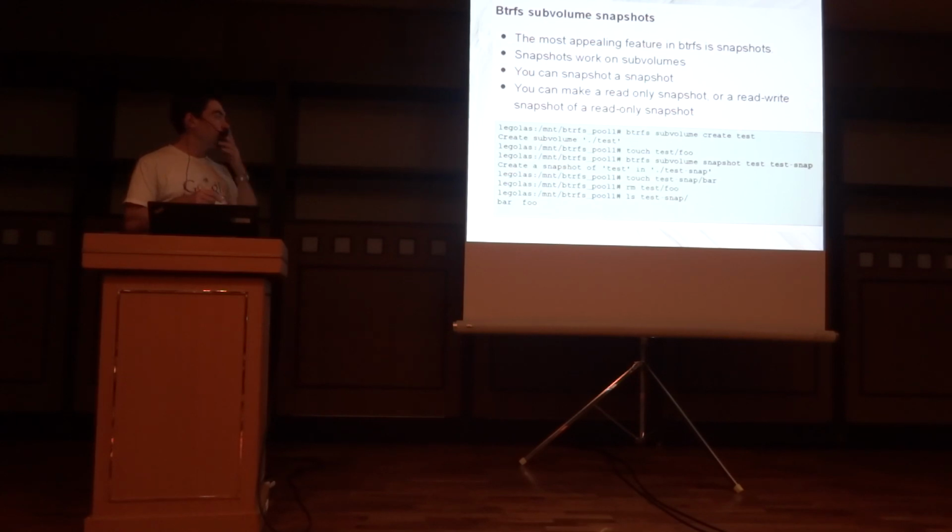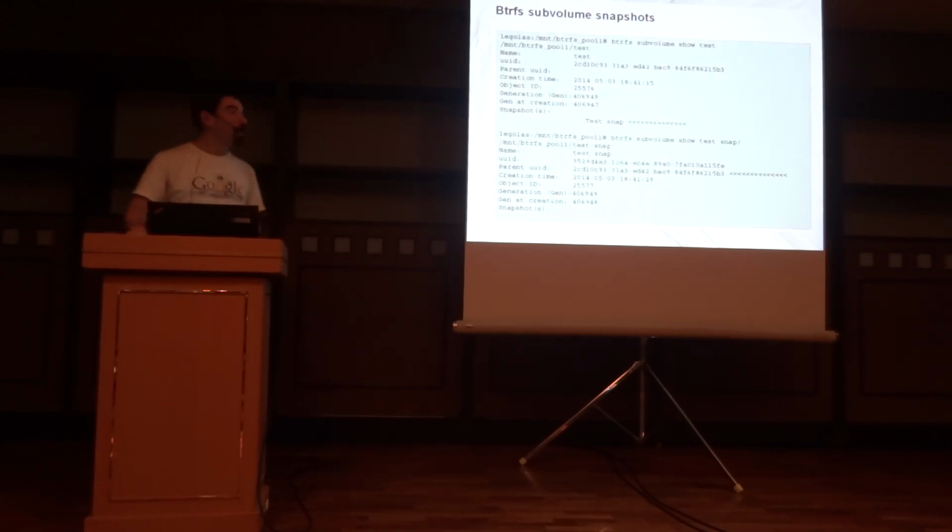So this is how you create a subvolume. Then if I create a file in it, and I snapshot into a different subvolume, so that's here. If I touch a different file, and I delete the original file in the original subvolume, the backup subvolume still has both files. I mean, it's pretty basic, but it shows you how that works.